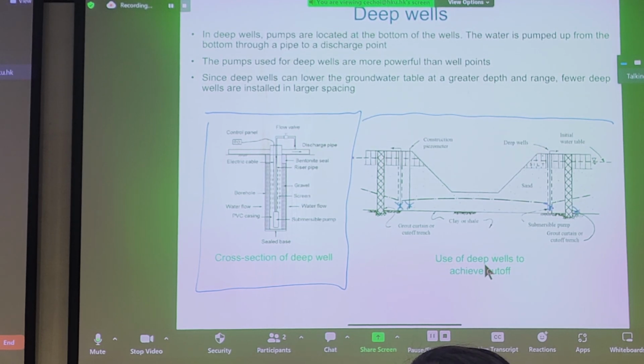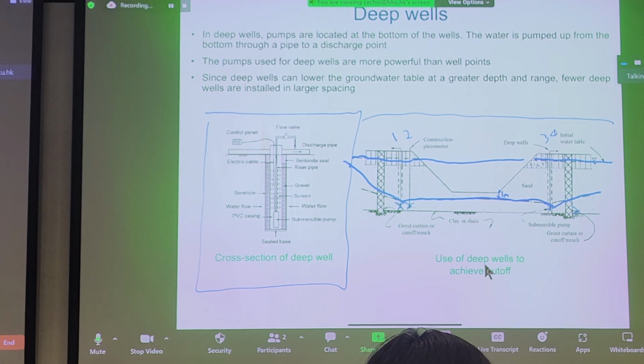So outside the site, you probably have a groundwater table like this. If you turn on all 4 of these pumps, 1, 2, 3, 4, then you can probably get the groundwater table something like this. And more often than not, we try to get this to be about 1 meter below the formation level so that we can carry out construction inside.